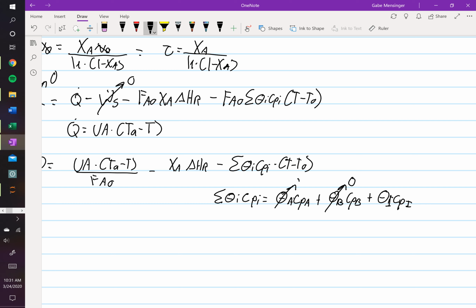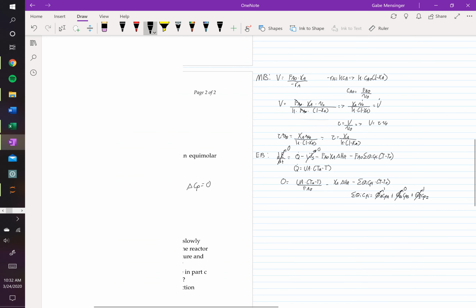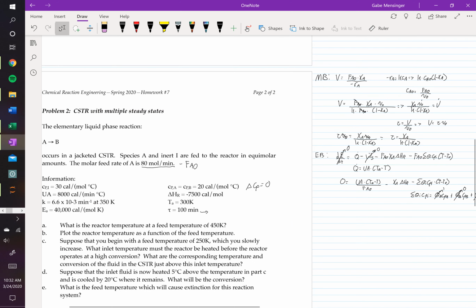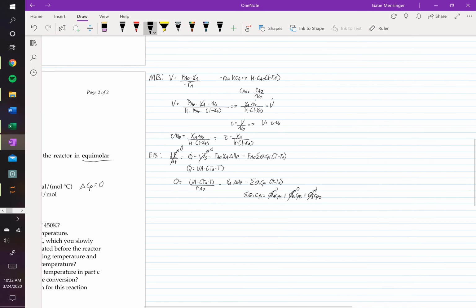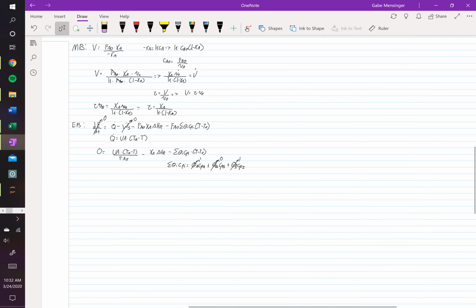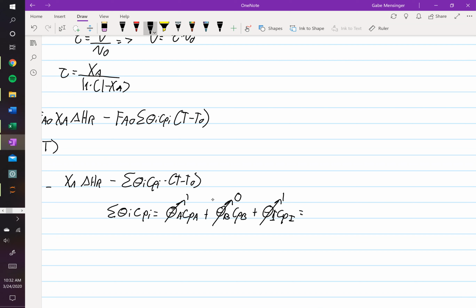Theta A is always 1, and A and inert I were fed at equimolar concentrations, so that will also make theta I 1. Yep, fed in equimolar amounts. So that is basically going to be equal to C_PA plus C_PI.